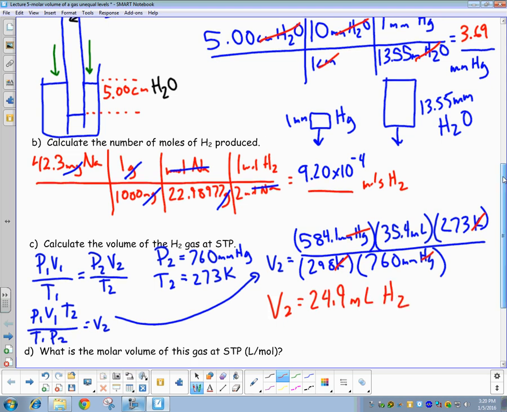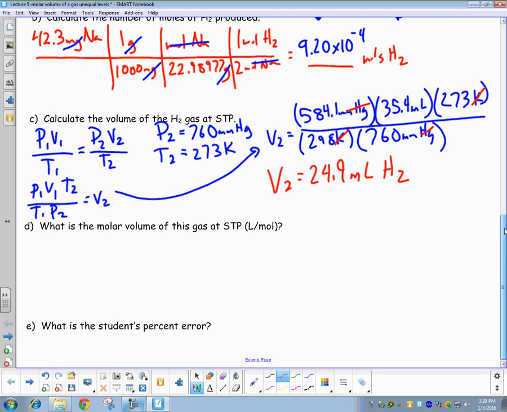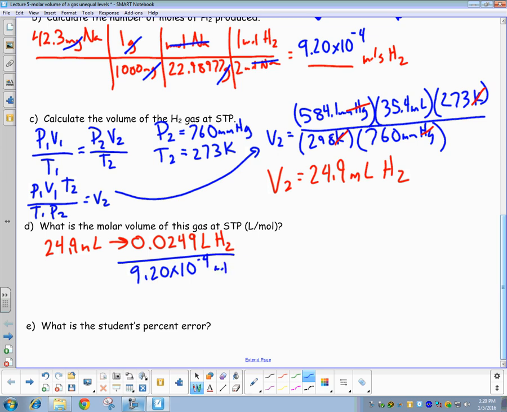Now, part D, what is the molar volume of the gas at STP, liters per mole? I take my answer from C. I'm going to convert that from milliliters to liters. 24.9 milliliters is going to be 0.0249 liters of hydrogen gas. Then I'm going to go ahead and take that and divide it by the number of moles I got in the previous step, 9.20 times 10 to the minus 4th moles.